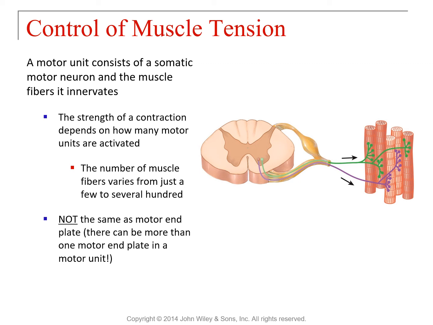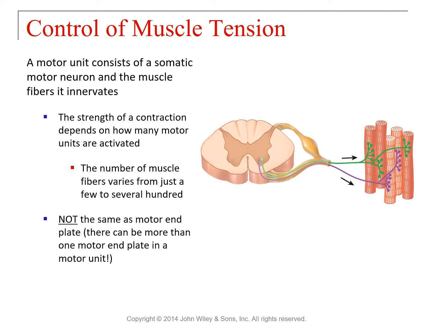One other thing to say is that this is not the same as a motor end plate. The motor end plate, if you look here at the diagram, you see where the little circles are in the green and purple lines. The green and purple lines represent neurons, and the little circles represent axon terminals. There's a motor end plate beneath each one of those circles. A motor end plate is just the area on a muscle fiber that can receive neurotransmitters.